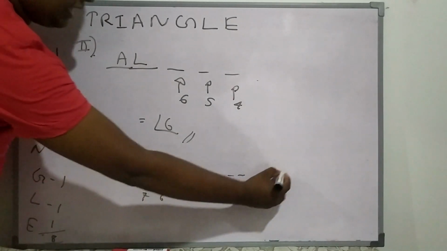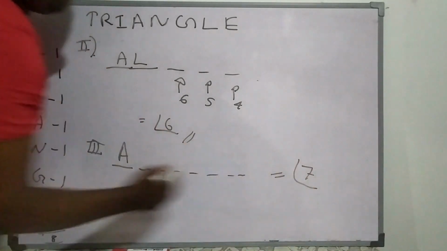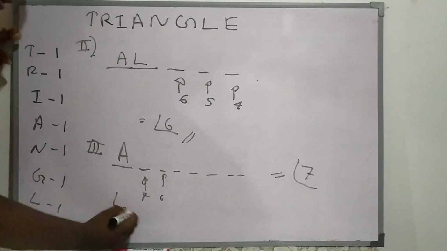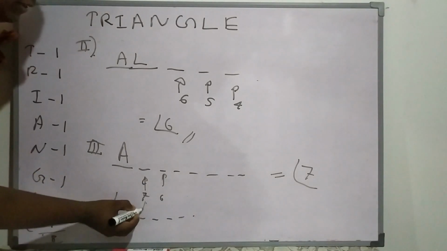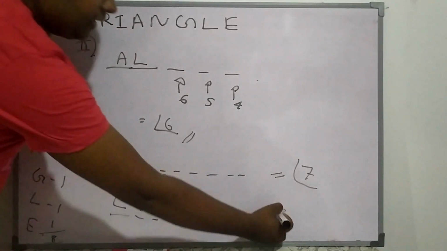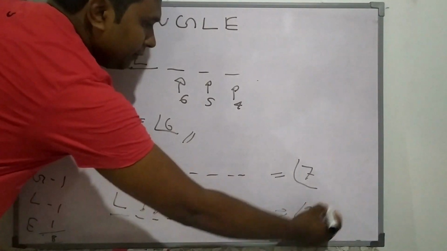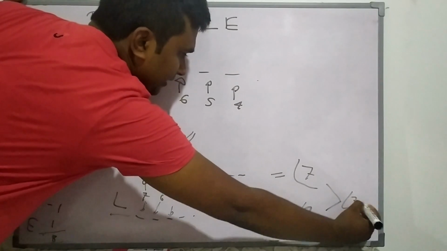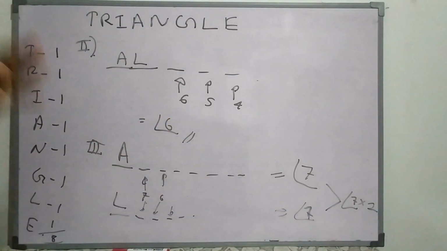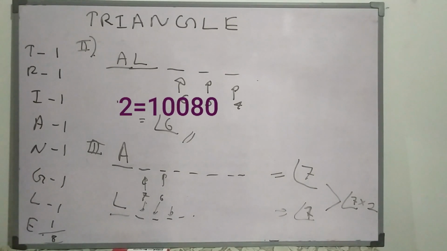The next Roman number is starting with AOL. Once I put A first, the remaining are 7, 6, and so on up to 1, which is factorial 7. And now I am considering L also, the same: 7, 6, and so on, because here it's AOL. So once I put A, and again consider L, it is 7 factorial into 2.